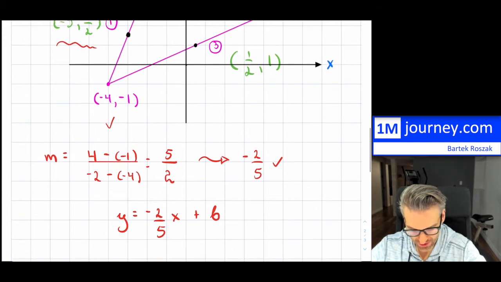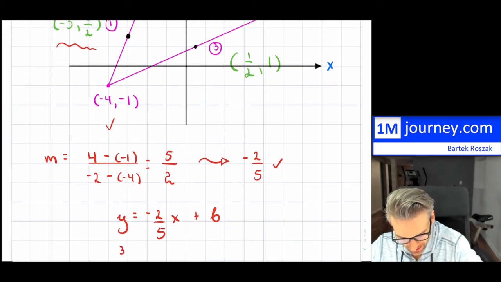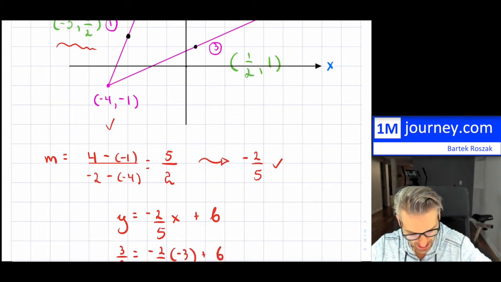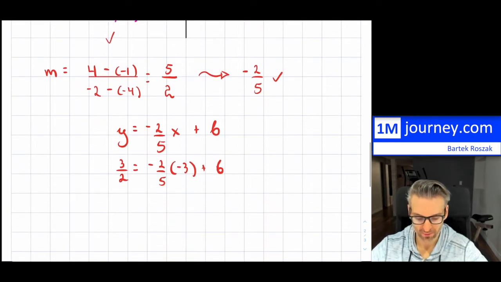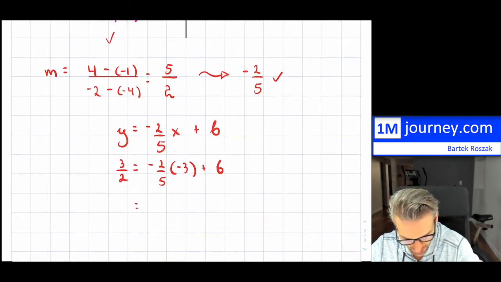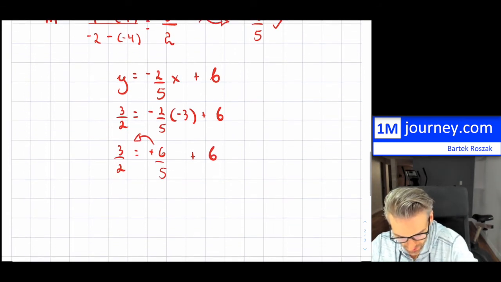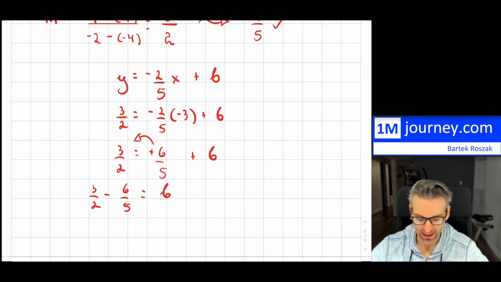So my equation is 3 over 2 equals negative 2 over 5 times negative 3, plus b. Now I can solve this for b. That becomes positive 6 over 5. Bring this over to the other side, so 3 over 2 minus 6 over 5 is equal to b.